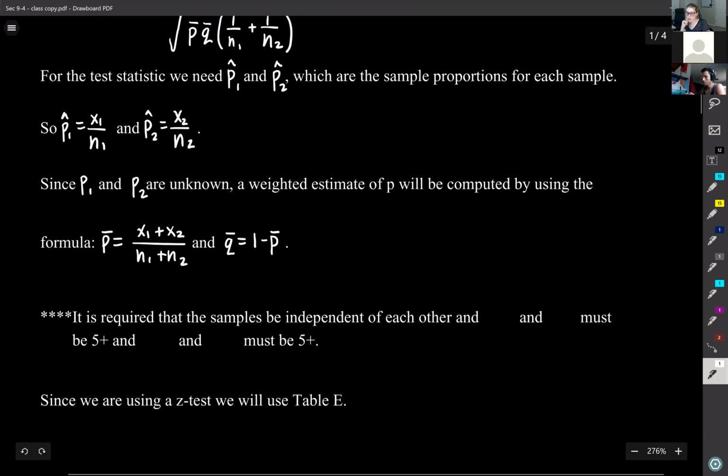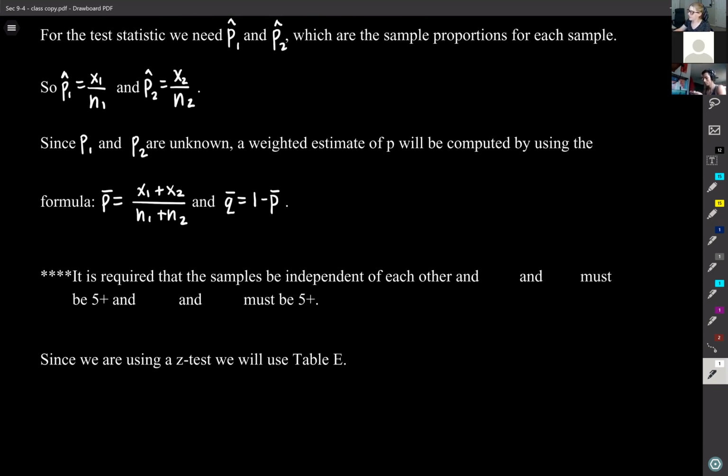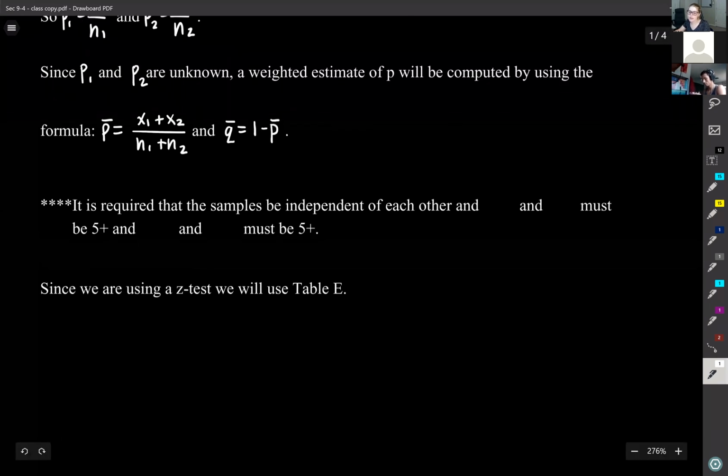Okay. So just a little note that's in the textbook that's also in here. It is required that your samples have to be independent of each other, and that N1 P1 and N1 Q1 must be 5 or greater, and N2 P2 and N2 Q2 must be 5 or greater.